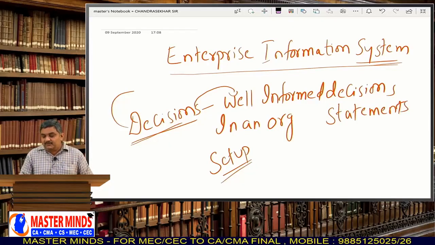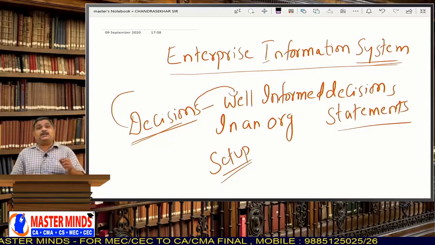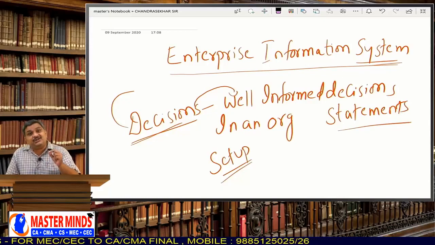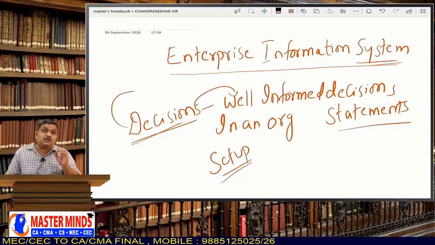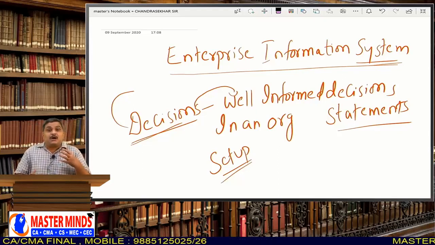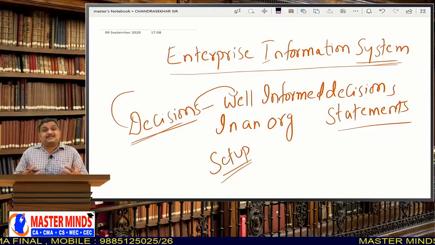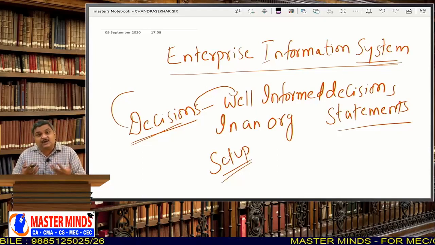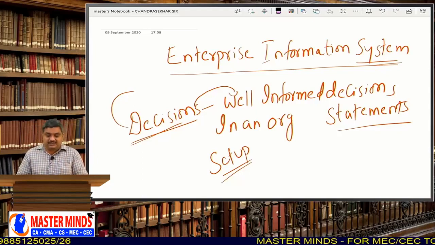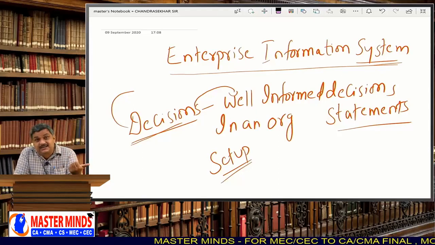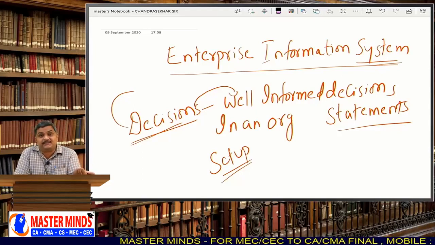And what will an auditor do? An auditor will audit the accuracy of the financial statements. But what is the most important thing here? The most important thing is, how can an auditor assess the validity, the credibility, the accuracy of the financial statements? Because these financial statements are generated by information systems, the software that is used in the organization.